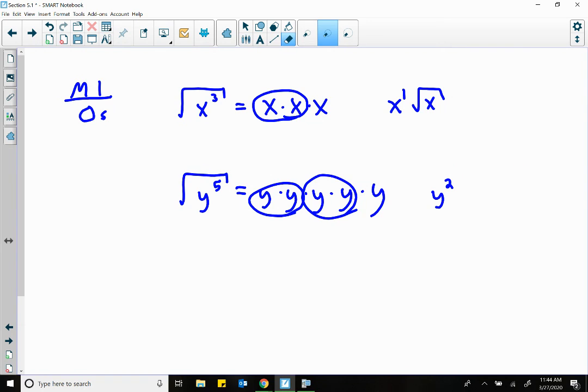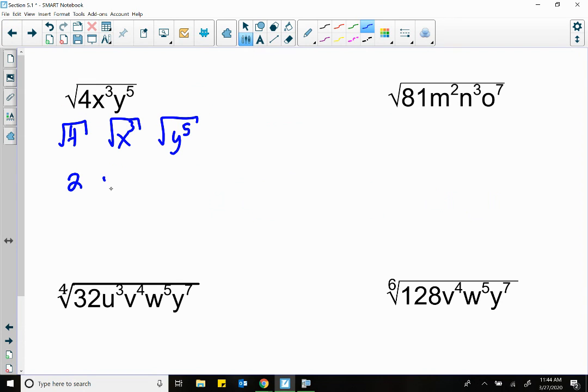Notice that the number of pairs that breaks out, they come up as a power. 1 pair broke out, so that's a power of 1. 2 pairs broke out, so that's a power of 2. This y did not break out, so you're back underneath the jail. And that's how it breaks down. So now we know that this is x square root of x. This is y squared square root of y.